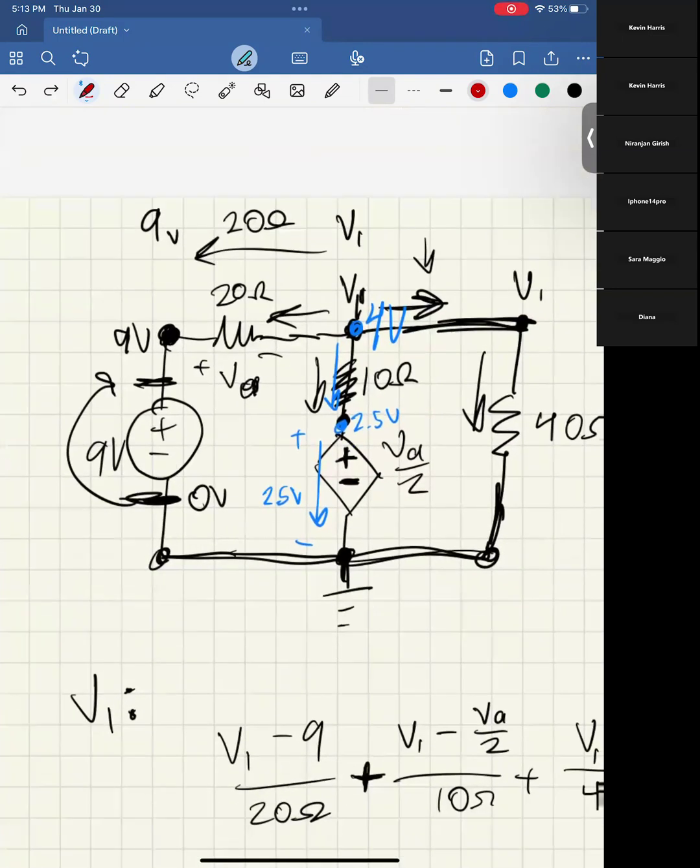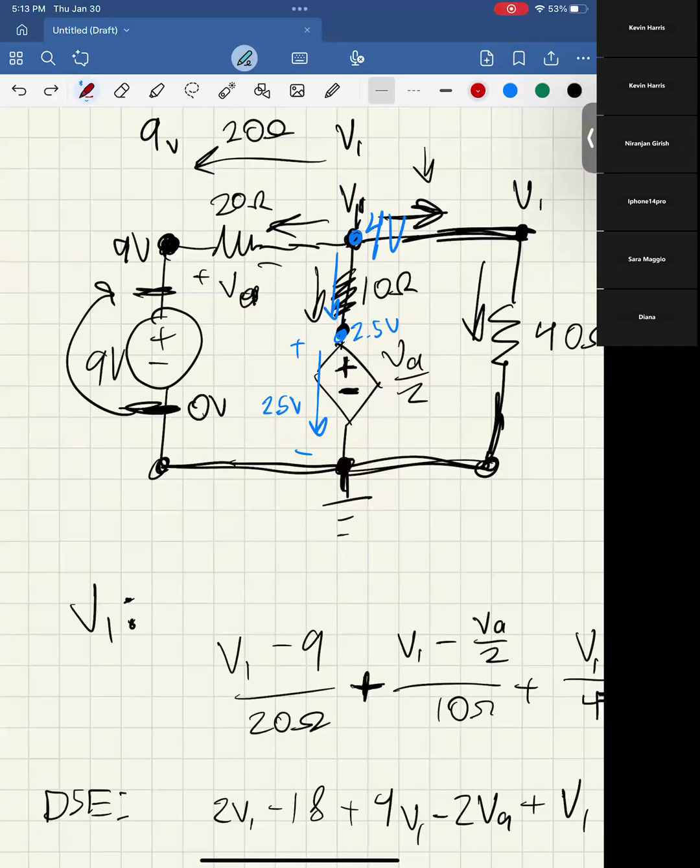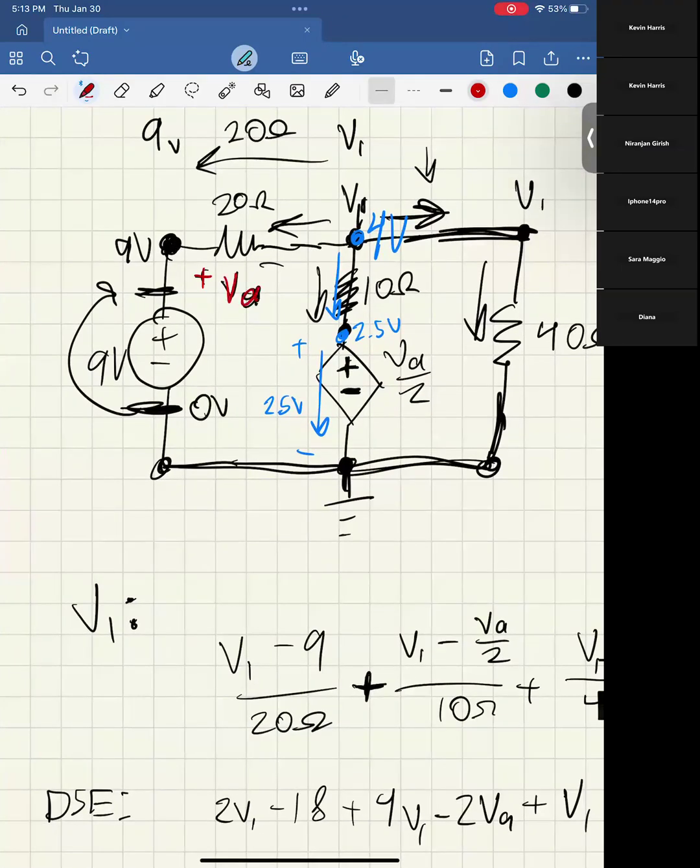Okay, so how did I get 9 minus V1 equals VA? VA in the question was defined as the voltage across this resistor. The voltage across this resistor is the difference between the voltage at these two points. This point we have defined as V1. That is the variable that we have made up and are using to solve the circuit. And we have also defined this bottom section as 0 volts. This voltage source means that there's a difference of 9 volts between the bottom and the top of it, between the minus side and the plus side.